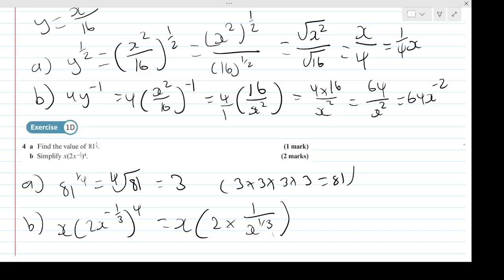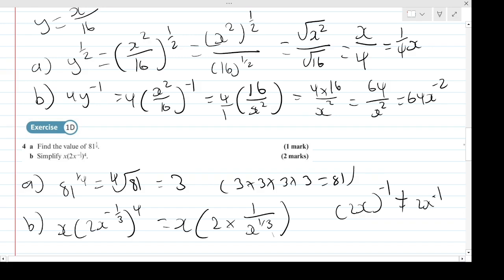And also the whole fraction itself isn't a negative, because the negative index only applies to the x. It's not applied to the 2 as well, because 2x to the minus 1 is not the same as (2x) to the minus 1.